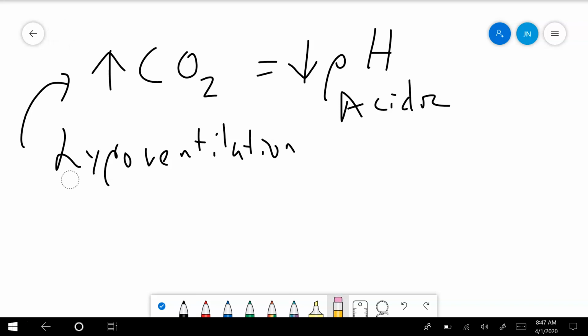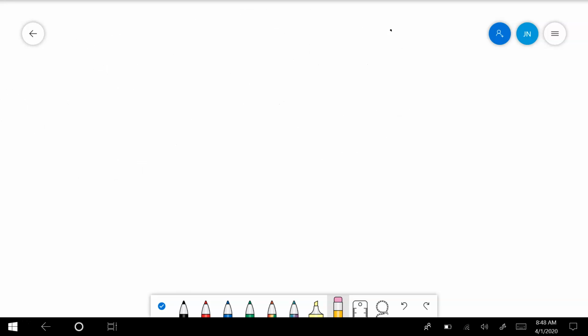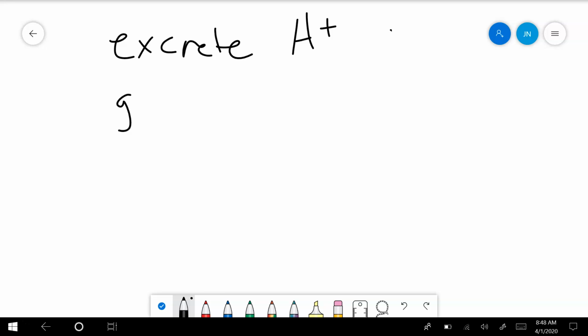Now, the last of our three buffers here is the renal buffer. And like I said earlier, the renal buffer is the most potent because it can actually excrete that hydrogen proton. Not only that, the kidneys will generate bicarbonate.